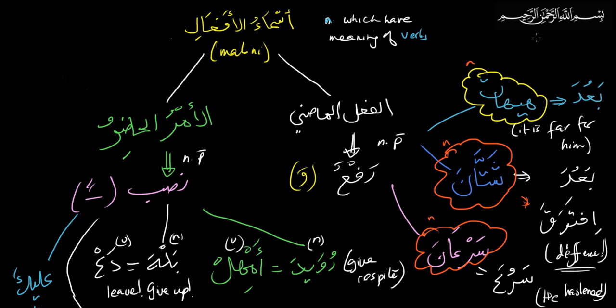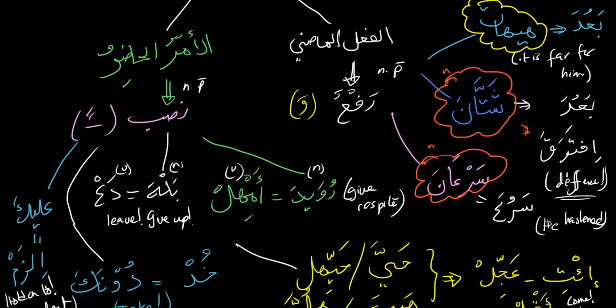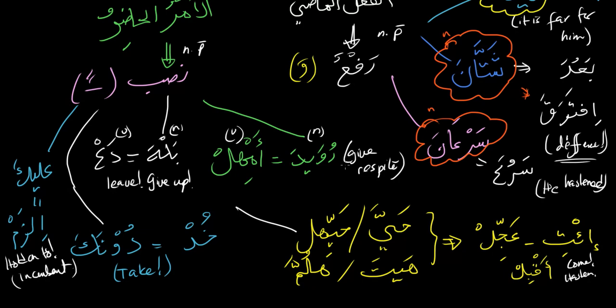And here are examples of nouns which have the meaning of fi'l amr, commands. Ruwaida, which we know in the Quran, amhilhum ruwaida, means to give respite. This is a noun equivalent to this verb. Then balha, the same meaning as the verb da, to leave or give up.